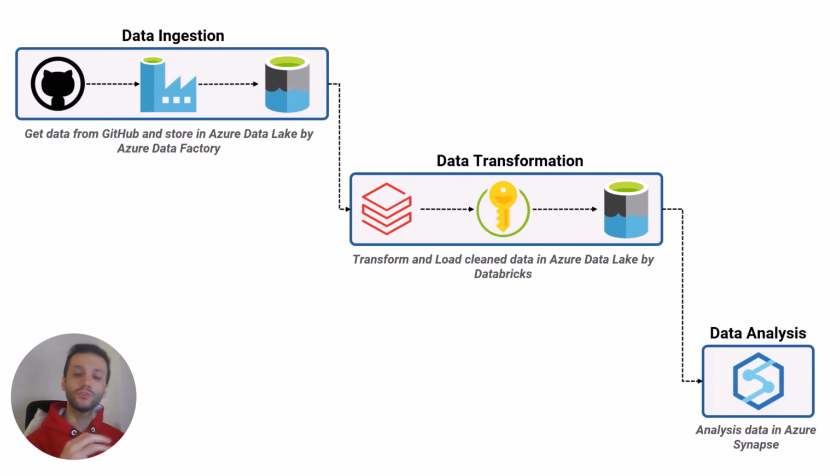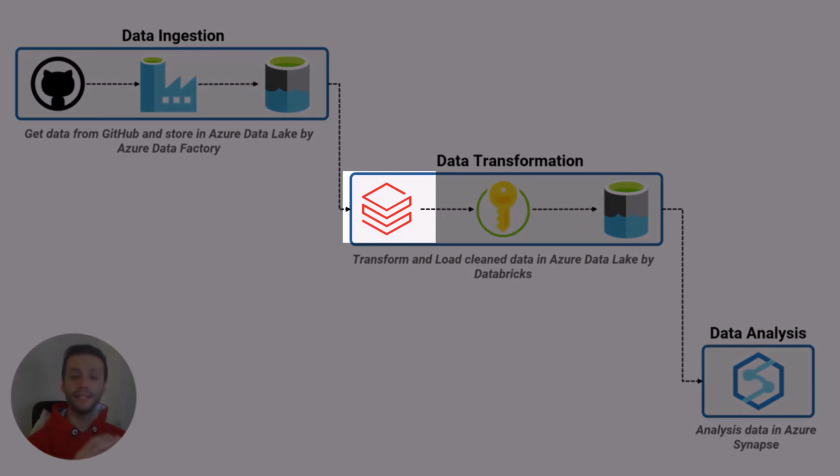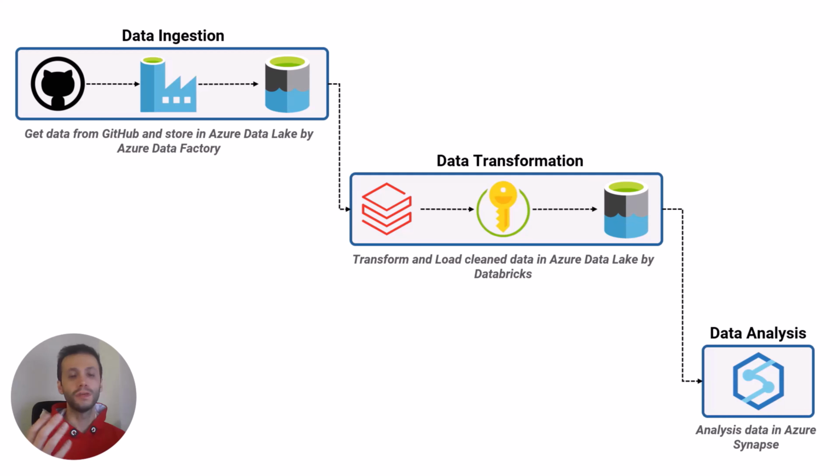Now it's time to transform the data, or do any data cleaning or data pre-processing. This is where Databricks comes into play. Databricks is a platform which is not included in Azure, but it is a third party working with Microsoft Azure. We can take advantage of Databricks because in this step, we use PySpark to transform the data.